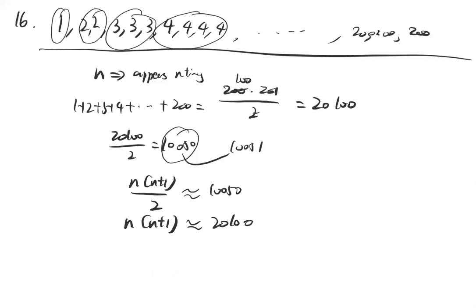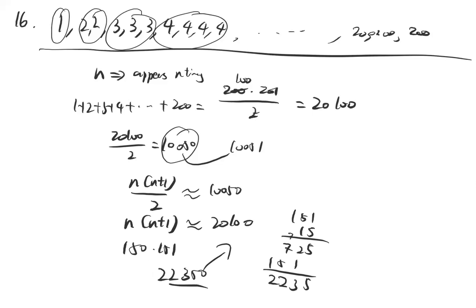So we'll expect it to be in the middle, which will be around 150 times 151. In fact, 151 times 150 is, let me just calculate this real quick, 22350, and this is pretty close, but not there yet. So we decrease by 10, and if we do 140, we find out that this is actually really close.